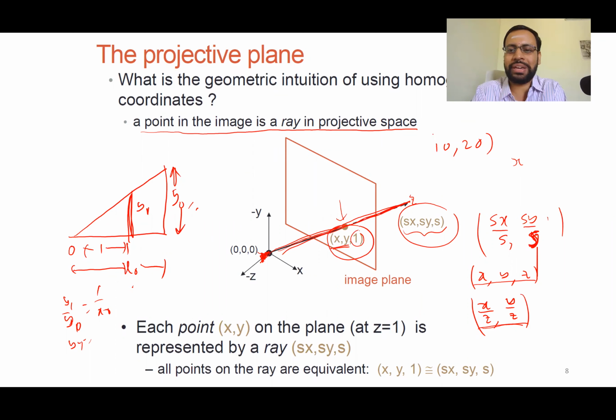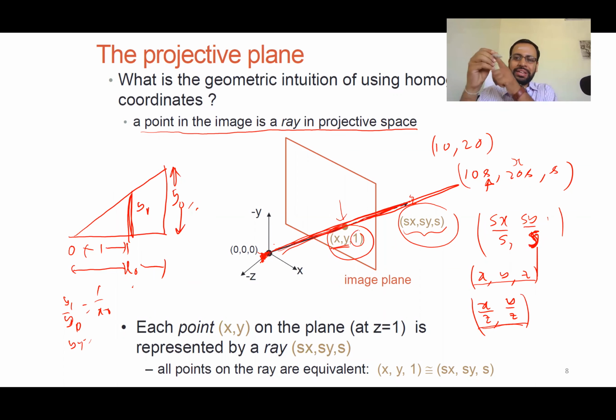Now, what are all the points in 3D space that could get projected to this point 10 comma 20? You could say 10 times s, 20 times s, and s. All these points for varying values of s would form this ray. All these points in 3D connecting the origin would get projected onto this. That is how the problem is posed.